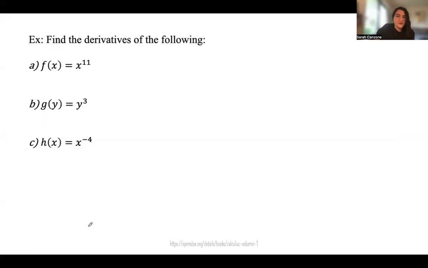All right, let's try a little bit of practice with it. Let's find the derivatives of the following. First, we have x to the 11. We remember that the derivative with respect to x of x to the n is n x to the n minus 1. So bring the exponent out front, and then subtract 1 from the exponent.